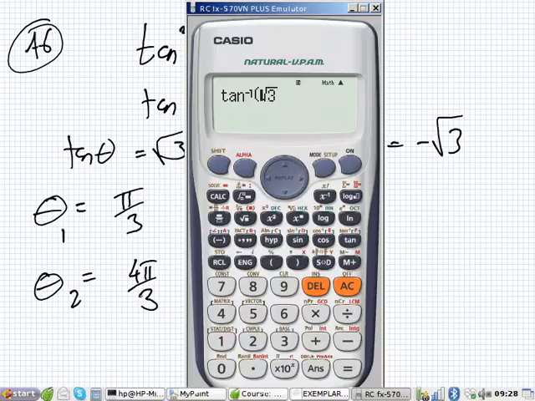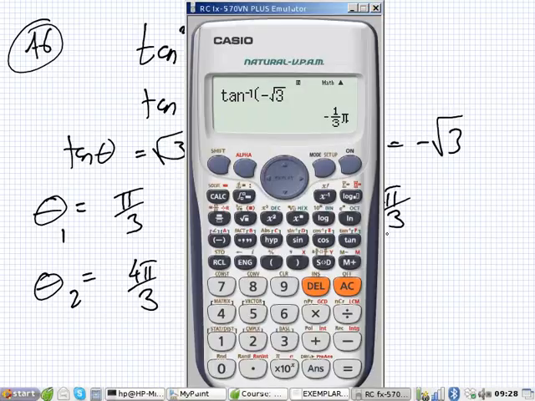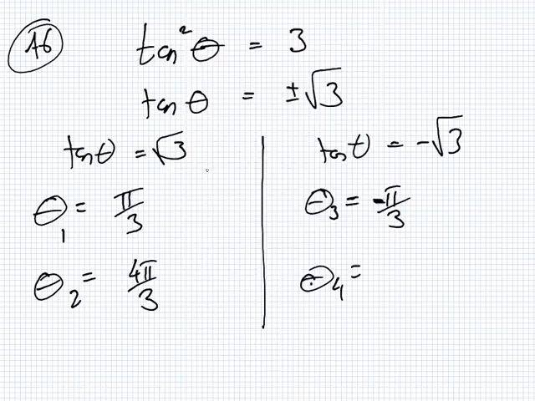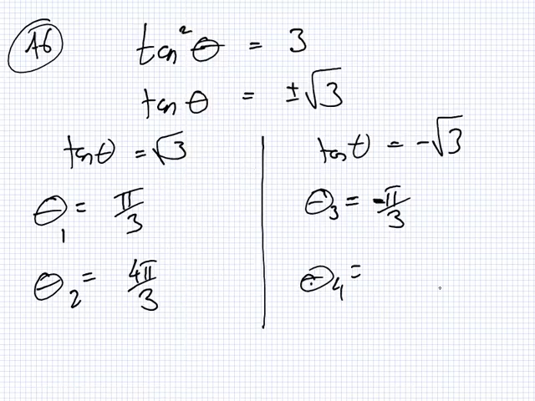Here, the first one is minus pi over 3. And then the next one, you have to again add pi. So that's going to be 2/3 pi, isn't it? Yeah, 2/3 pi.